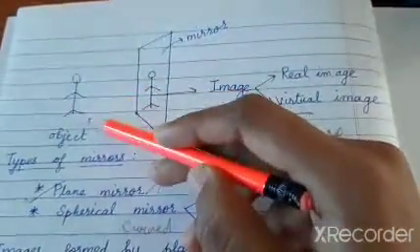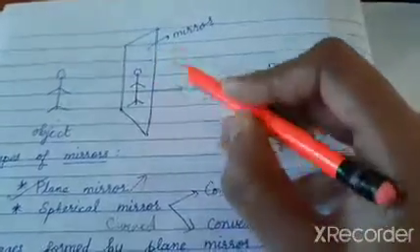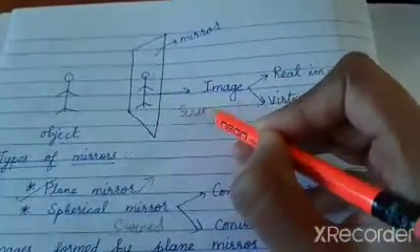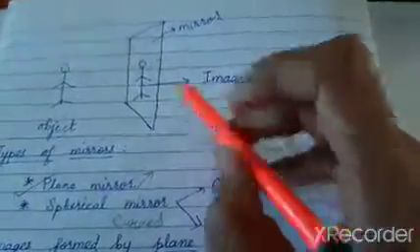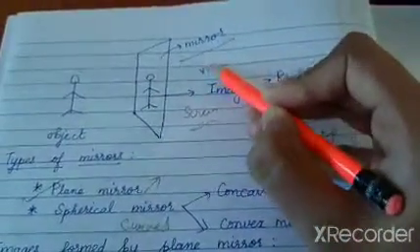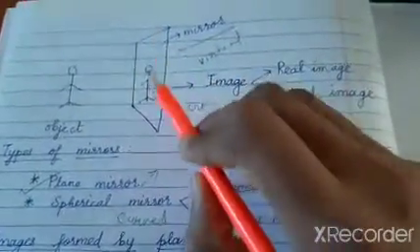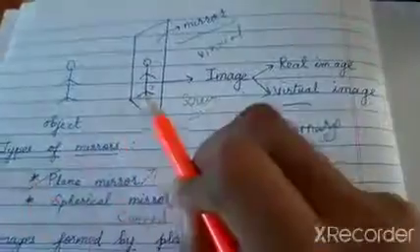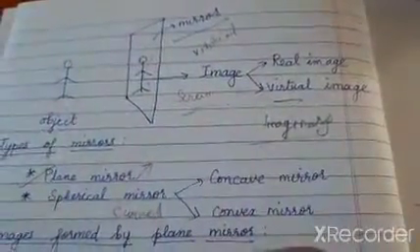Your image would be visible only on the mirror, not on the screen placed near to it. That is why all mirror images are called virtual images. They are just imaginary ones which can only be seen but not obtained on the screen.